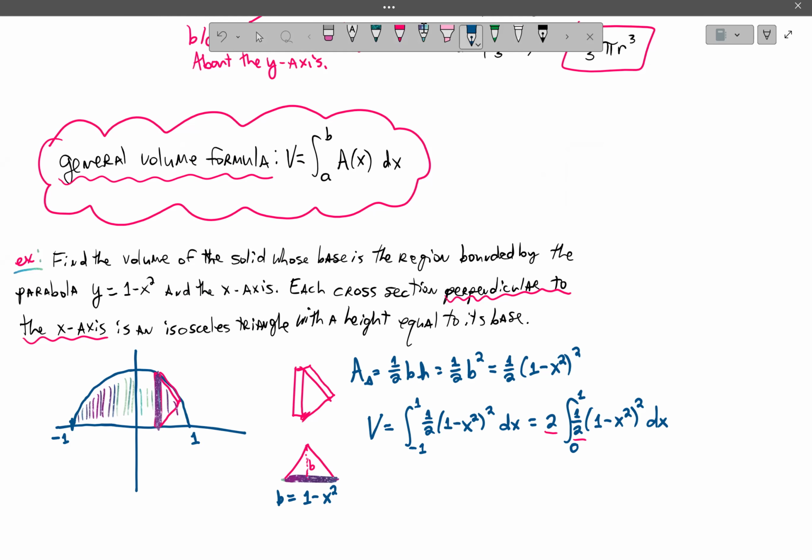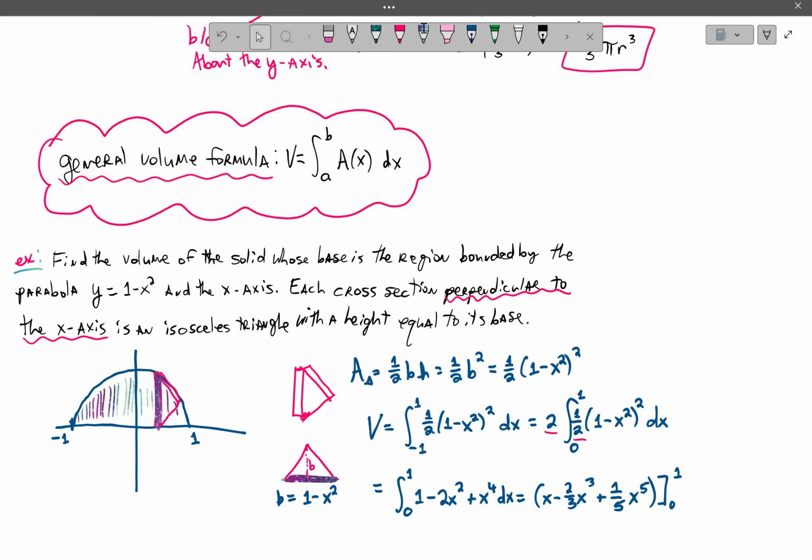To do the integral of 1 minus x squared squared, we can algebra it. So we just need to expand. So we get the integral from 0 to 1 of 1 minus 2x squared plus x to the fourth dx, which is x minus 2/3 x cubed plus 1/5 x to the fifth that I'm evaluating between 0 and 1.